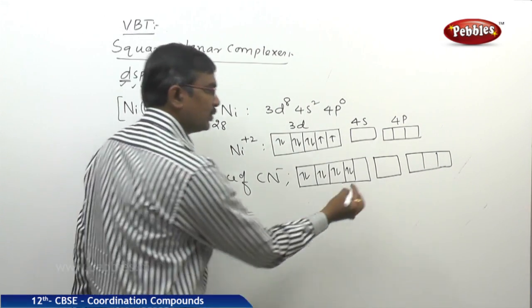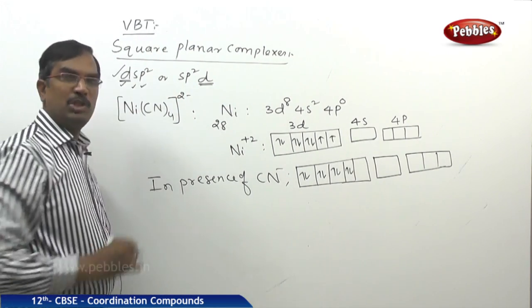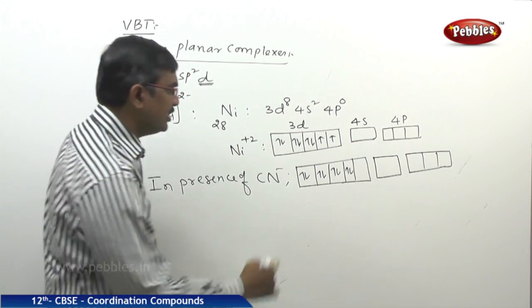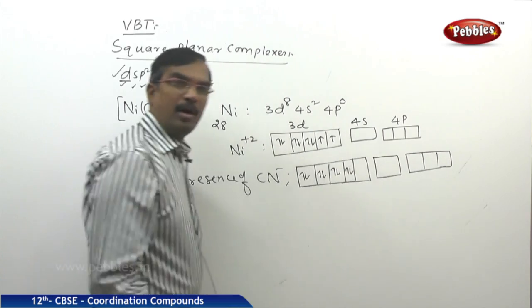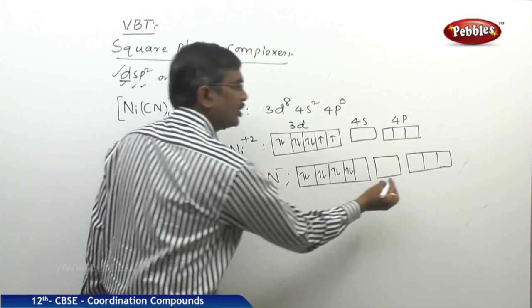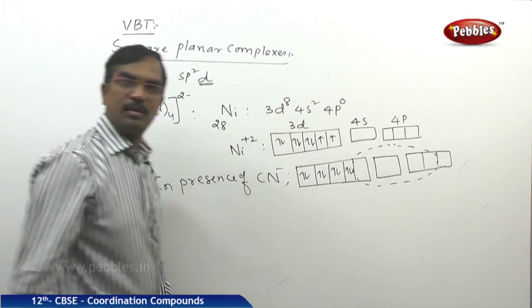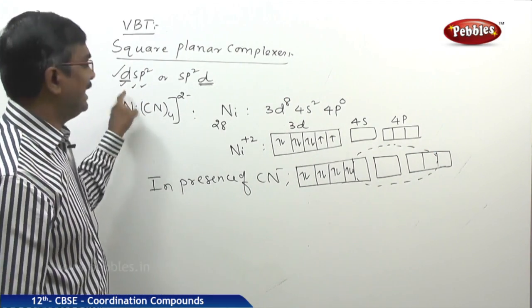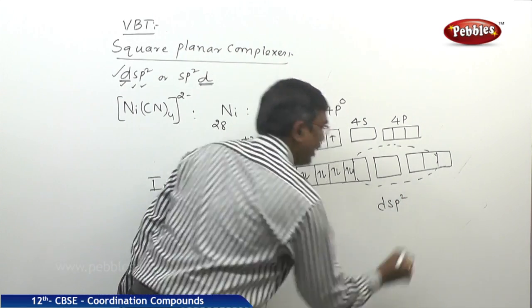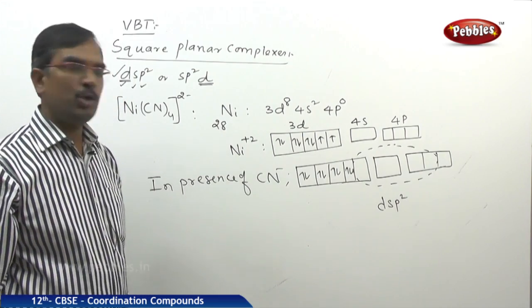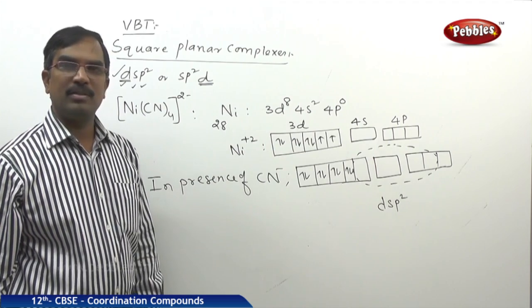This is the 3d orbital, this is 4s, and this is 4p. Now this will undergo dsp2 hybridization, so it will produce a total of 4 dsp2 orbitals.